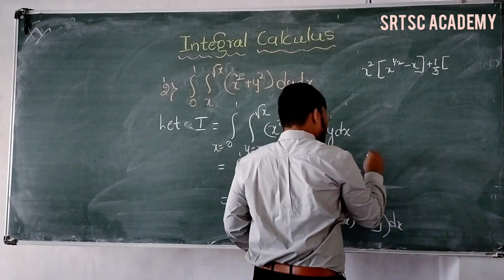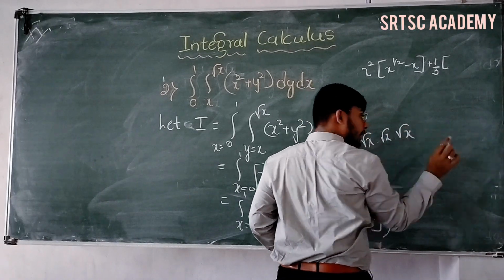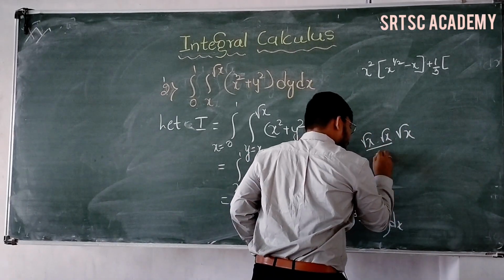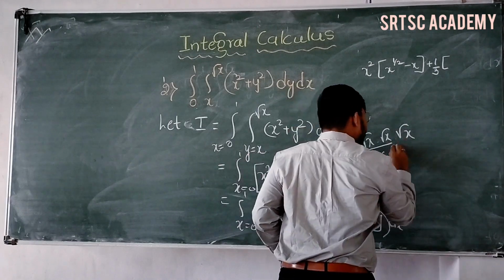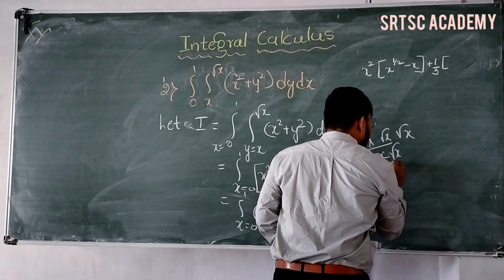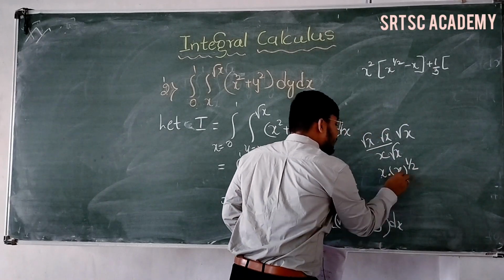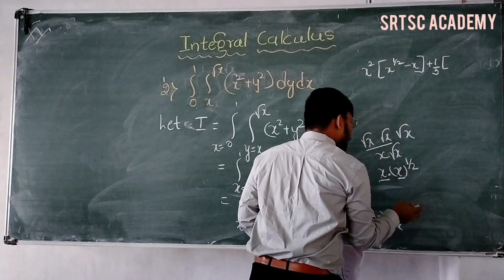Root x cube means what? Root x into root x into root x, right? Root x into root x means what? It is x. X into root x, correct? X is there. Root x power means what? 1 by 2. Bases are same. Then what we can do?